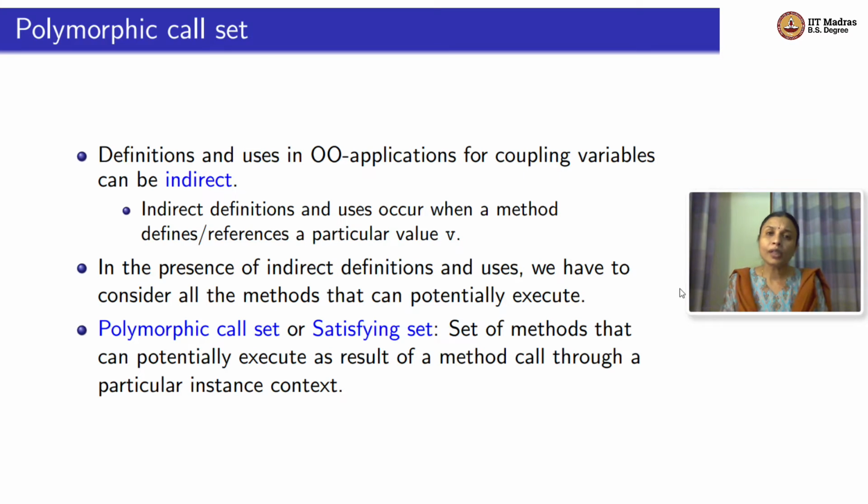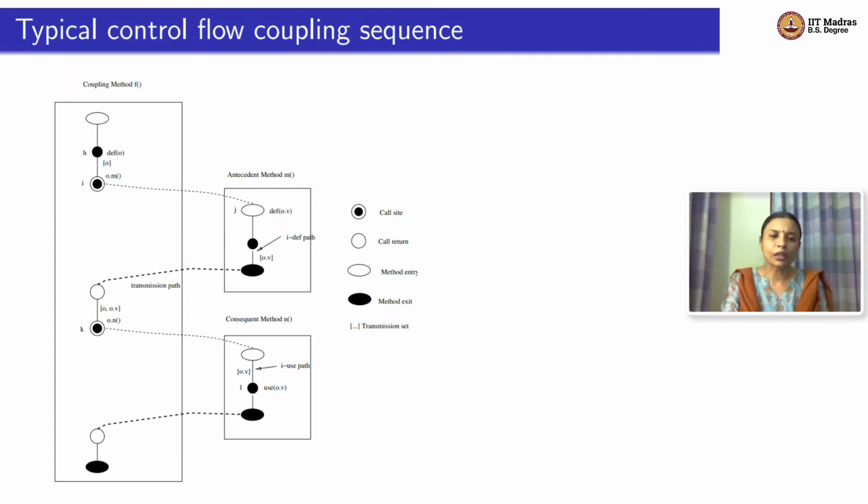In the presence of indirect definitions and uses, with more than one method defining it at different executions, we typically consider all the methods that can potentially execute. We put them together and call it the polymorphic call set or the satisfying set. The satisfying set is the set of methods that can potentially execute as a result of a method call through a particular instance context.